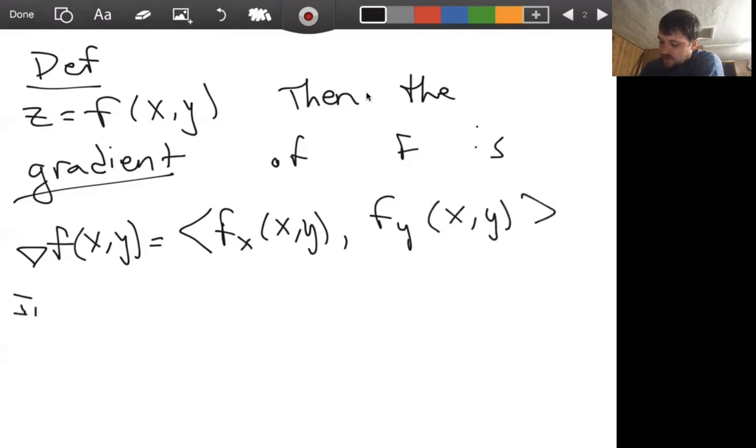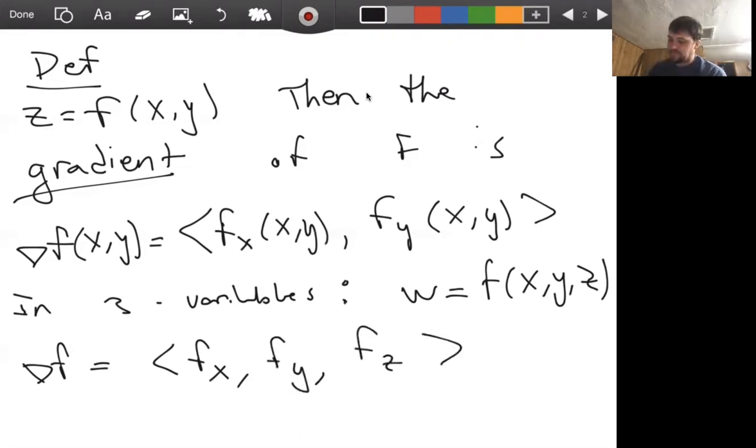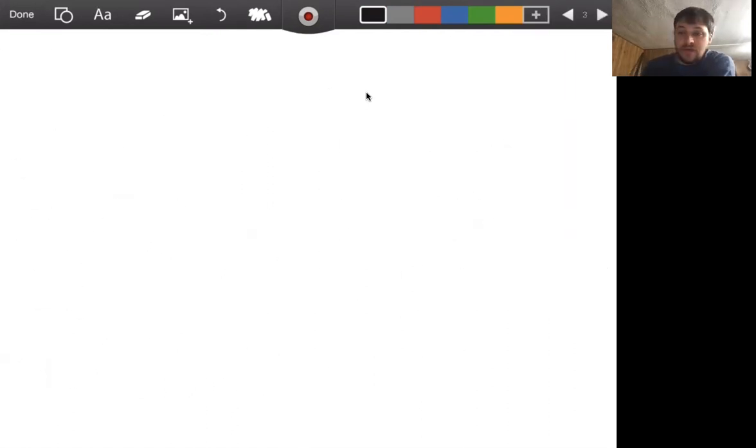In three variables, if w equals f of x, y, z, then grad f would be the three-dimensional vector with components f sub x, f sub y, f sub z. The gradient is very important in application, as we'll see in a little bit. But first, let's understand how to calculate it, which we can do since we know how to calculate partial derivatives.